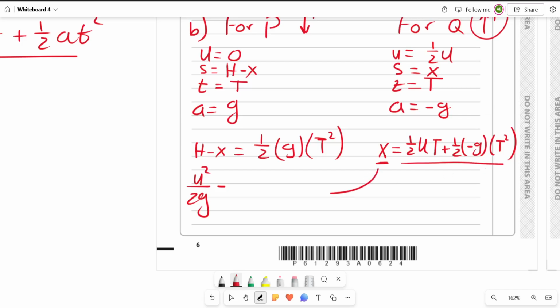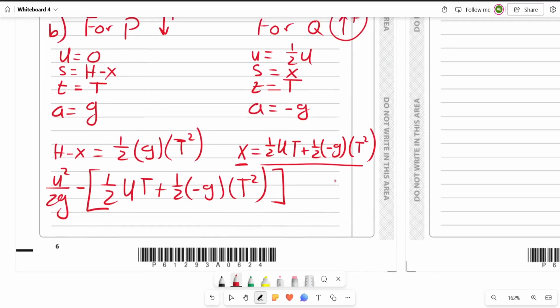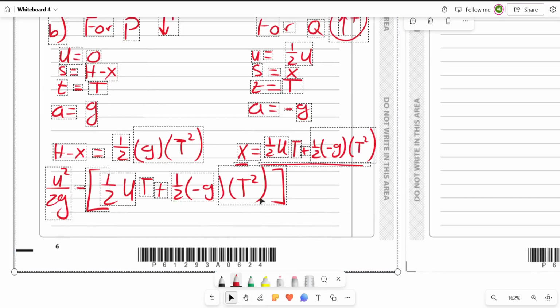This way I eliminate x and can find my t. So instead of minus x, I put minus a big bracket containing this expression: minus, open bracket, half u t plus half times negative g times t squared. Let's simplify this.